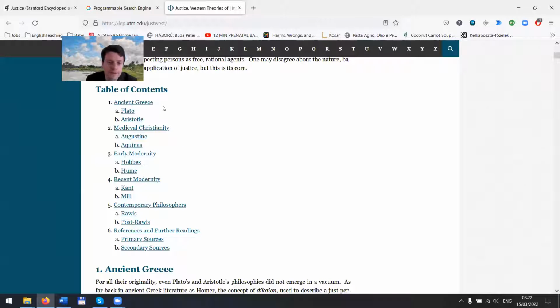So if you look at the IEP, you will see immediately that it has a historical approach. It's going to look at ancient Greece first and the two main authors, Plato and Aristotle. Then it goes into medieval Christianity, Augustine and Aquinas.